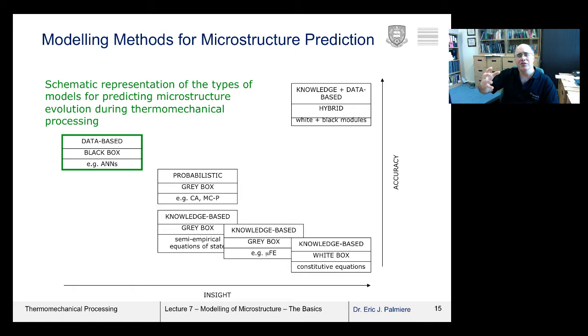And so that answer often, because it's based upon a lot of statistical data, is quite accurate. That's a black box approach, right? Very little understanding, a lot of accuracy. The classic example of this type of model is an artificial neural network.